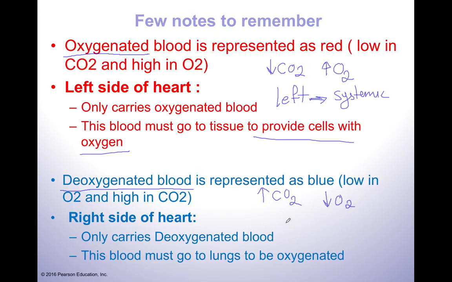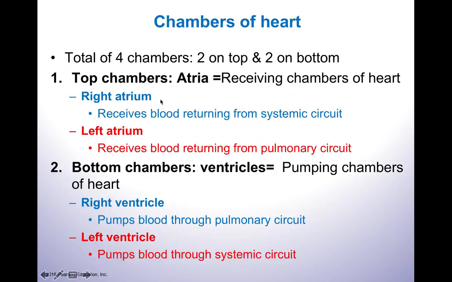It is always associated with the right side of the heart, and it goes to your lungs, which we refer to as pulmonary. Just remember that. When this blue, quote unquote, blood or deoxygenated blood reaches your lungs, you oxygenate that blood and return it back to the left side of the heart.